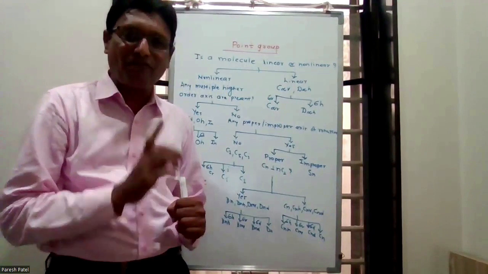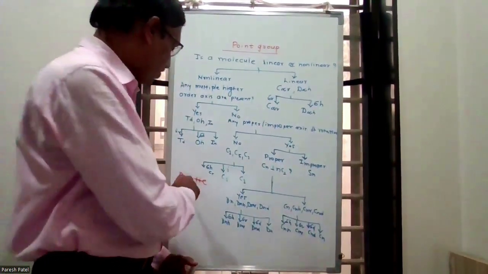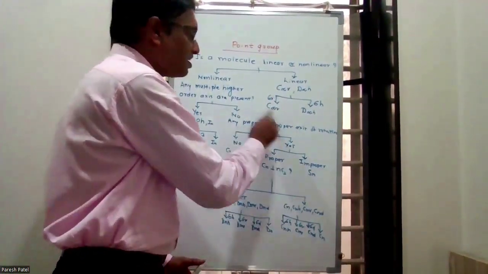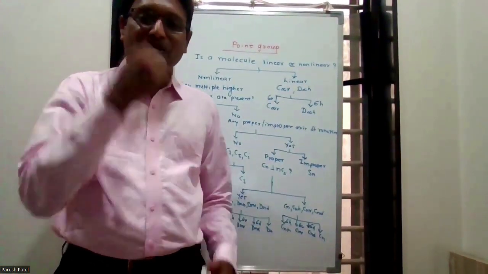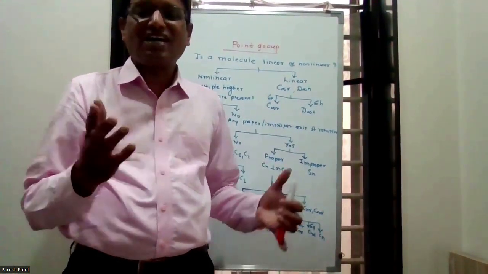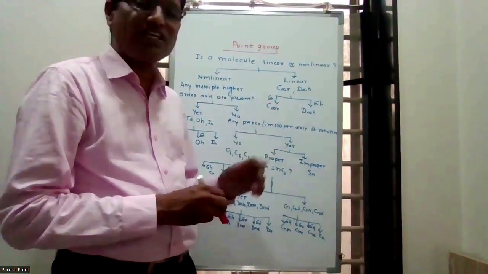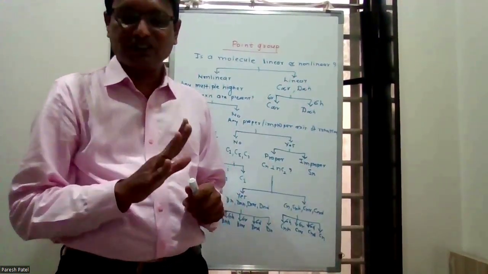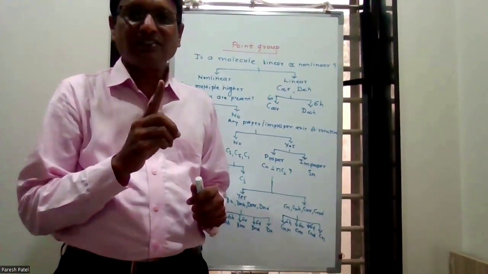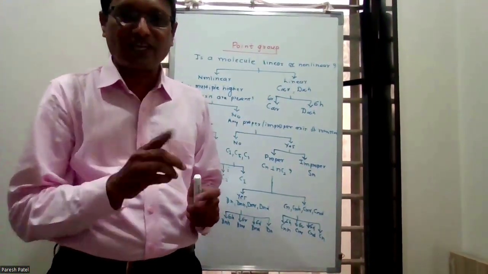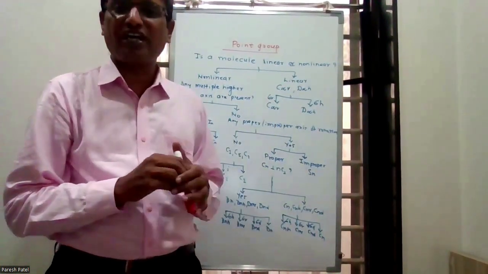It means sigma V is present. It means the point group is C infinite V. Crucible, cap, man, pipette, these are the examples of C infinite V point group.